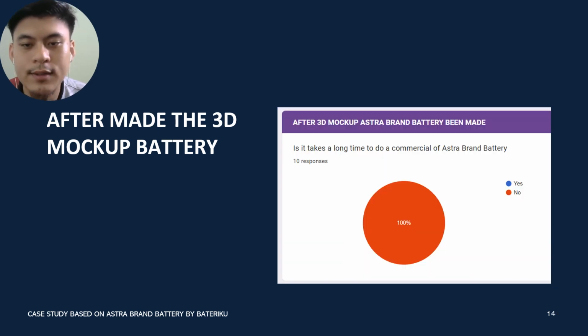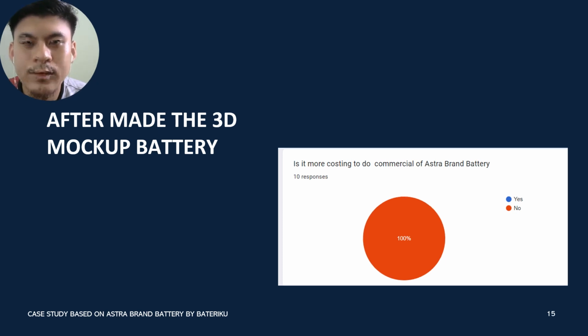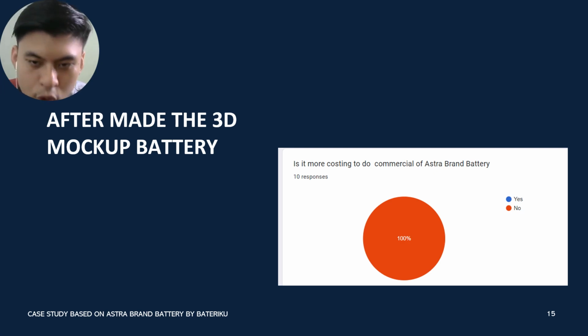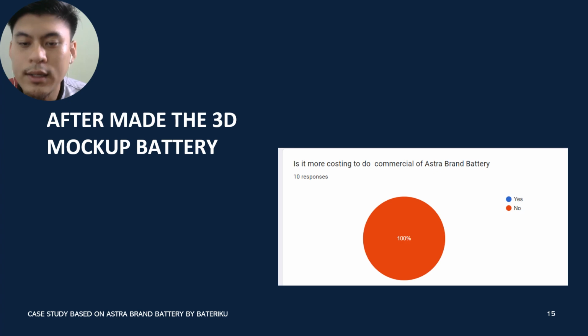To prove this, here is the survey after the method of the 3D mockup Astra battery. All 10 respondents say no to the question of whether it takes a long time to do a commercial of the Astra band battery after the mockup has been made. Also, all 10 respondents say no to whether it costs more to do a commercial of the Astra band battery.